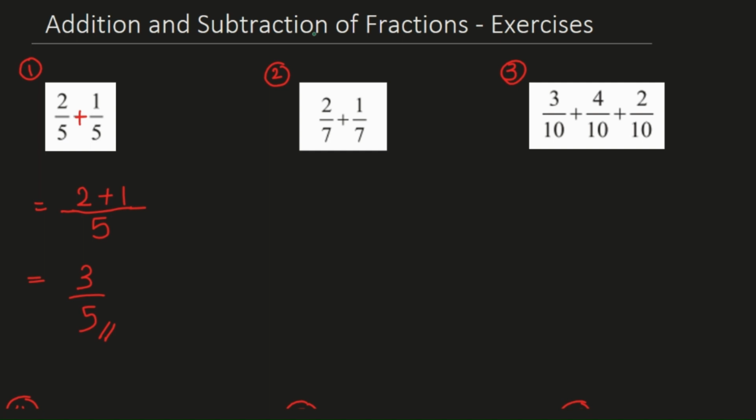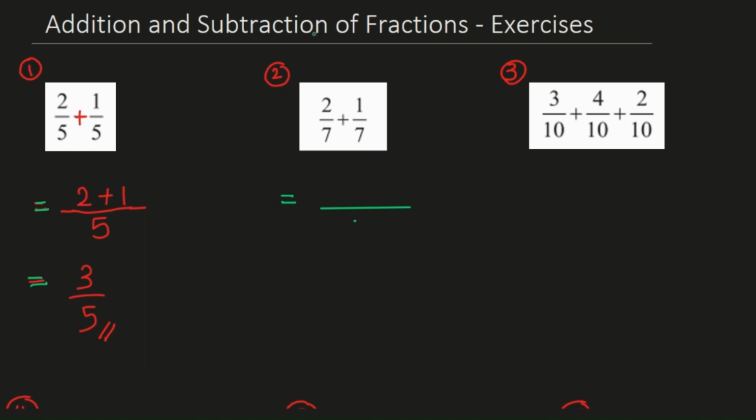Here you can see I have put an equal mark, right? Then the second question. You are asked to add 2 upon 7 and 1 upon 7. The denominators are the same, so the answer's denominator will be the same as the question's denominators.